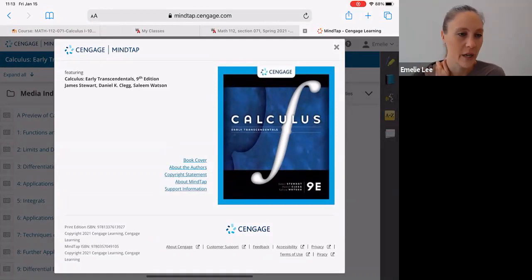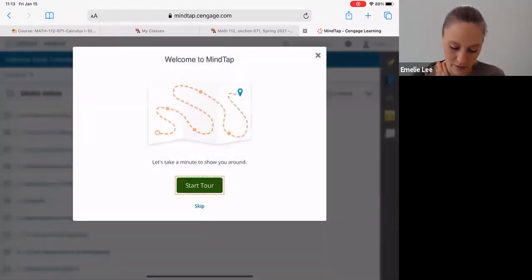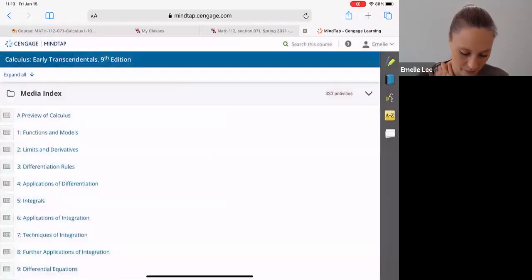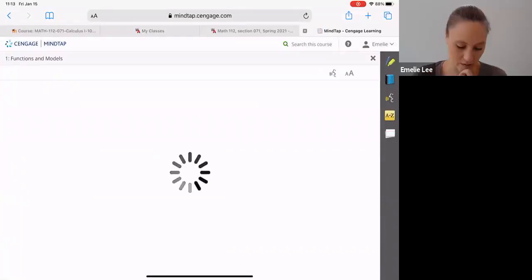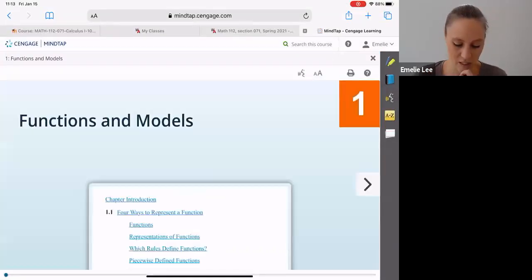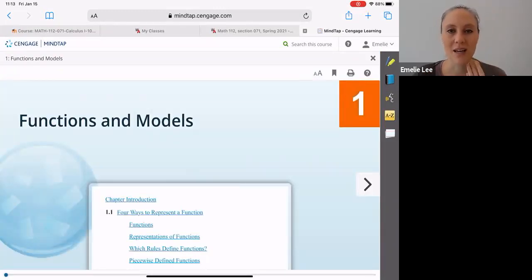It's going to take forever, but this is where you access the ebook, right? Oh yeah, here. So chapter 1, like I said, it's going to take a while, but you can do cool things like take notes and kind of make little index cards and highlight and, I don't know, just cute things.